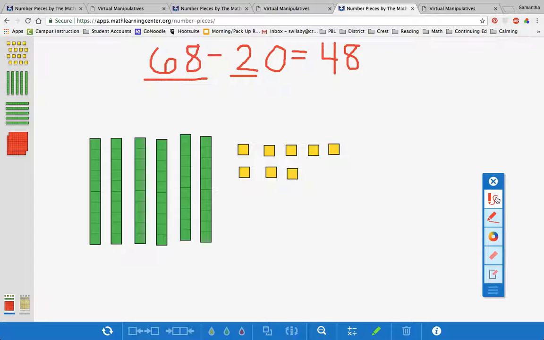Subtracting means I'm crossing off or getting rid of some. 20 would be 2 10s, 10, 20. And I'm left with 4 10s and 8 1s, or 48.